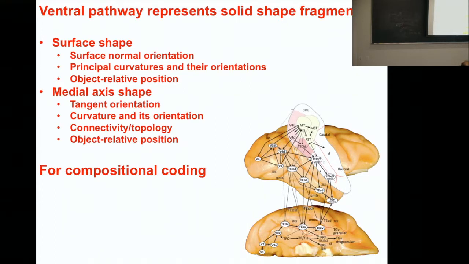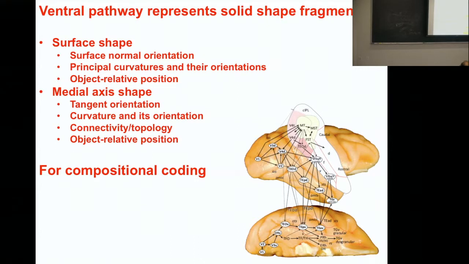This is medial axis in 3 dimensions, which Jacob began to get into, and the parameters we can see tuning for are tangent orientation, curvature and the orientation of curvature, connectivity or topology, how different elongated elements are connected together, and again, object relative position. So in the rest of the talk, I will spend a good deal of time on new evidence from V4 for this, and then if I've got time, I'll go to older evidence in anterior TE for this.